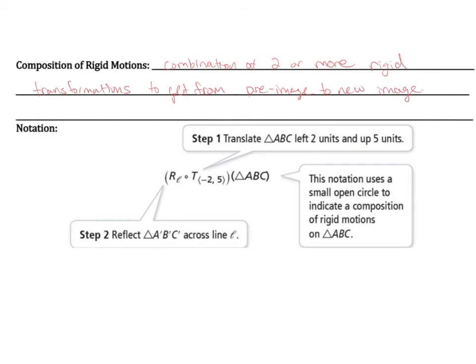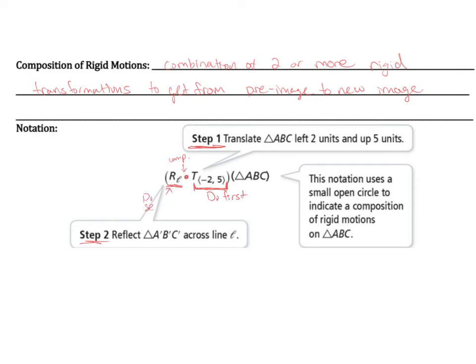Right, and then we can look at the notation. So we can see this little O means a composition, right? This stands for composition. So the biggest thing is your first step is to do the second part. Do first. Then our second is what comes before the composition sign.